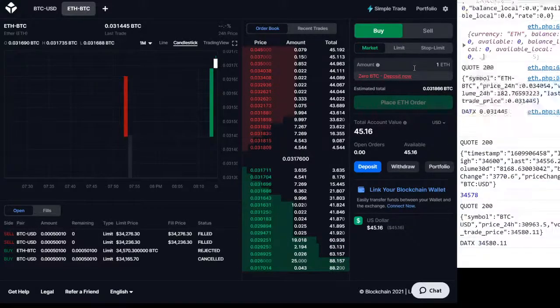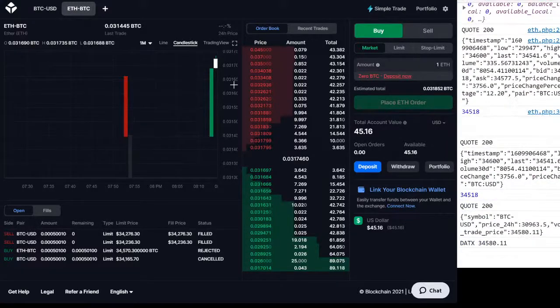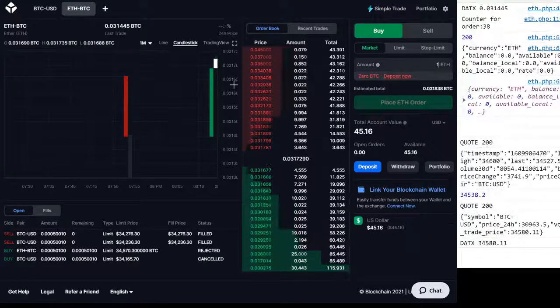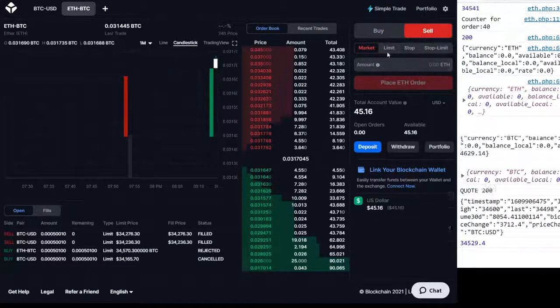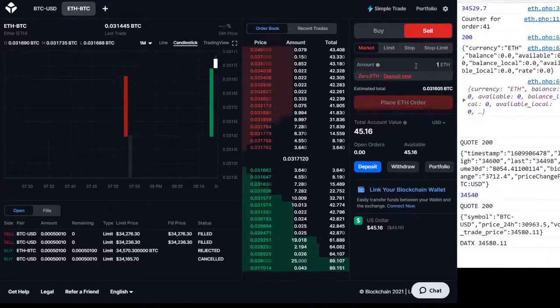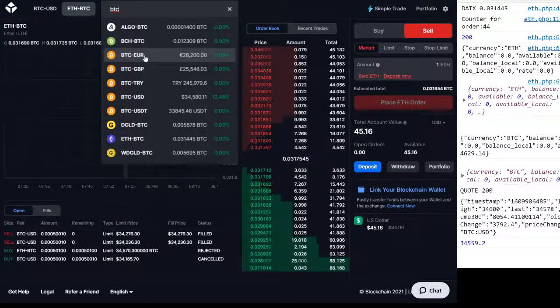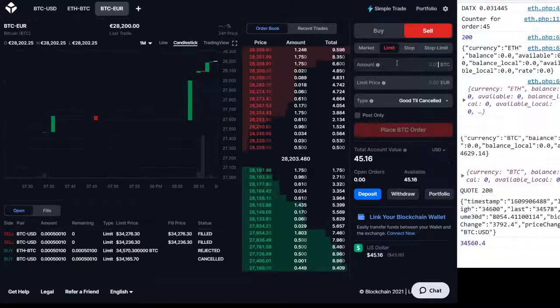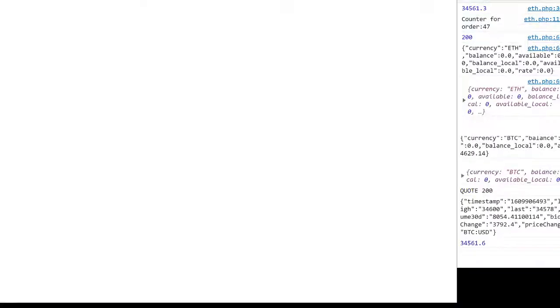0 BTC. That's just not correct. We do have BTC. What are you talking about? Sell 1 Ethereum. What the fuck? BTC Euro C1. Saying 0 BTC. Is this thing screwed up or what?